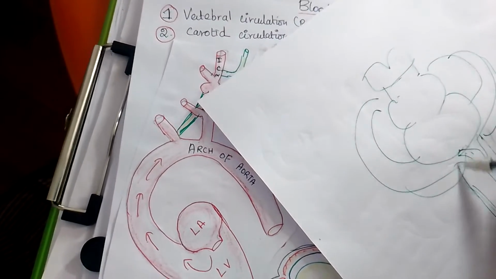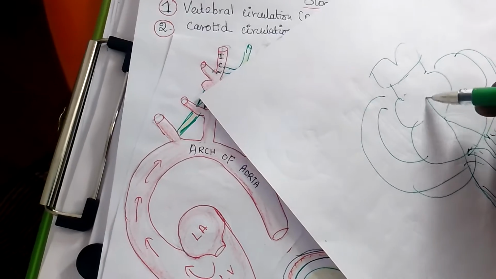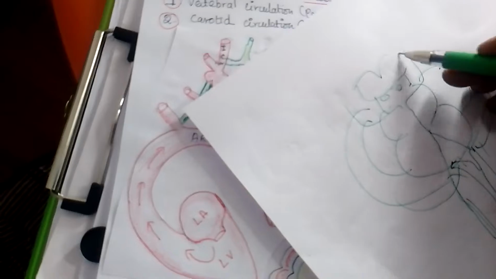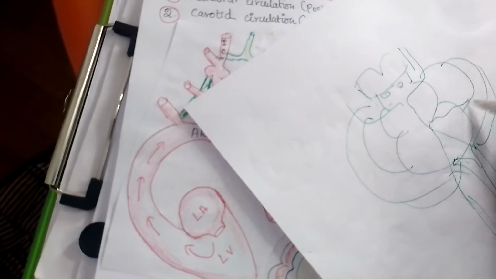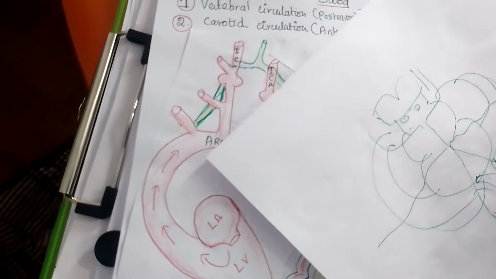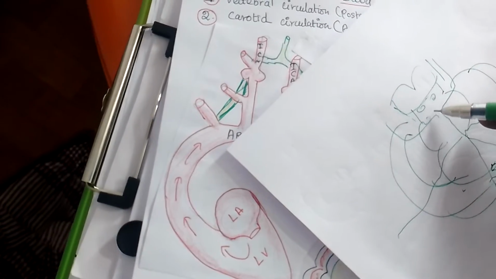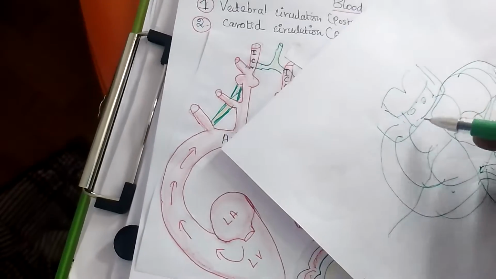When these arteries join at the medulla junction, the third ocular motor nerve is there. Understand? And in the middle, it is going to the labyrinthine artery. This is PICA, this is AICA, you can mark it, and under the third ocular nerve, this is the superior cerebellar artery.